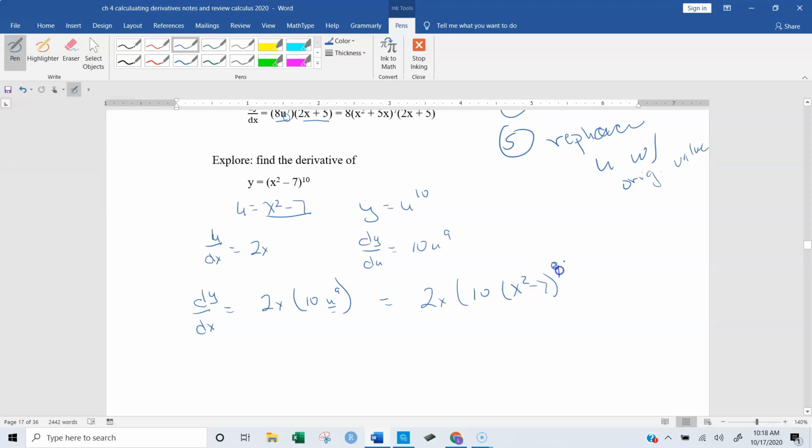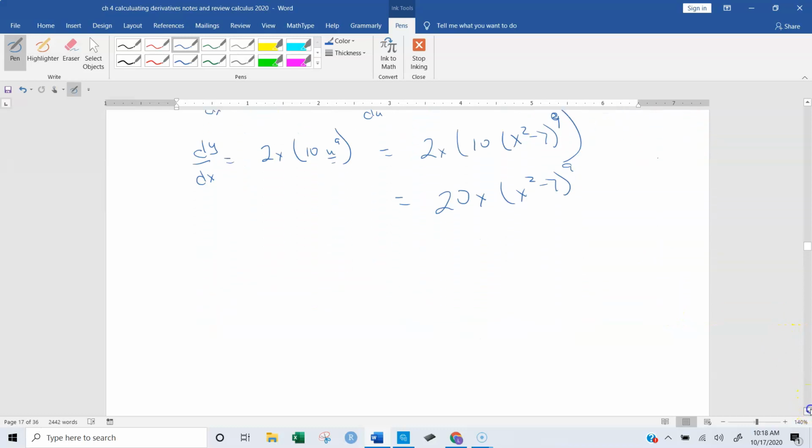Whoops, that's a 9. And we can actually do this math right here, so that's 20x, x squared minus 7 to the 9th power. Is it making sense? Just follow your steps, you'll be fine.